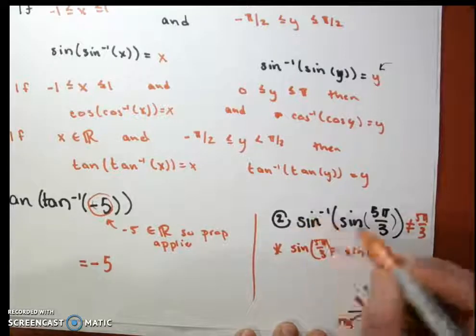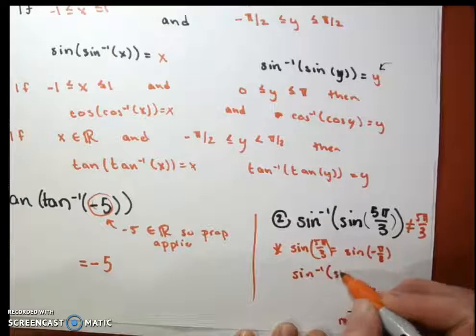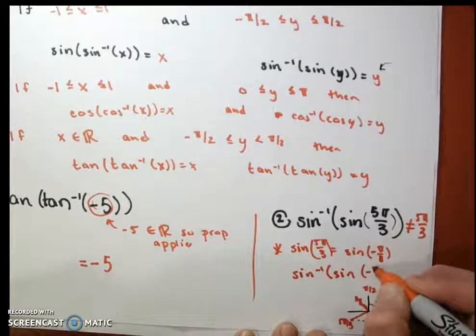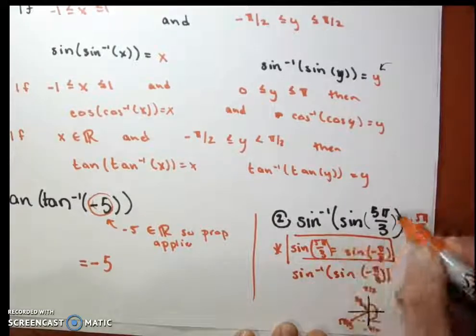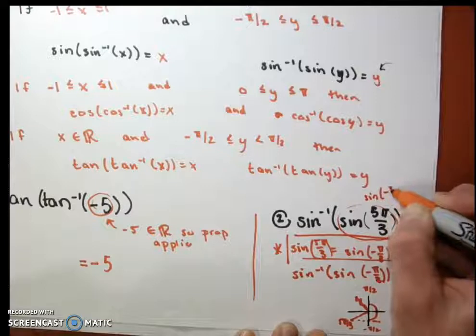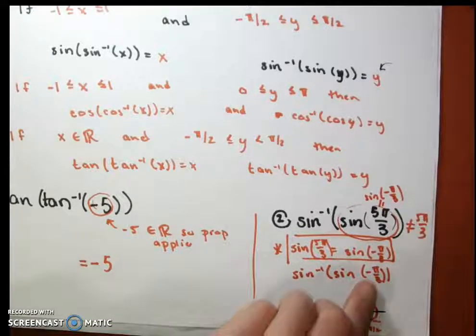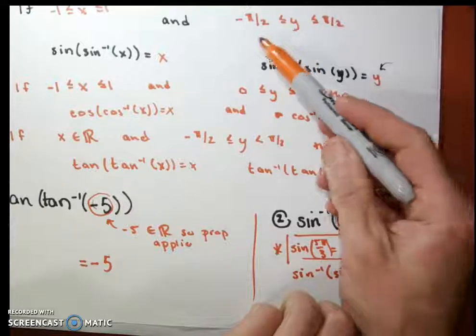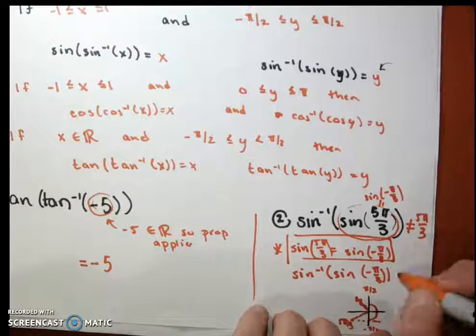So we can actually write this as sine inverse of sine of -pi/3 because of this equality. So I just replace this part with sine of -pi/3, and that's okay because these two values are equal. But -pi/3 is in the proper range, and so I get -pi/3.